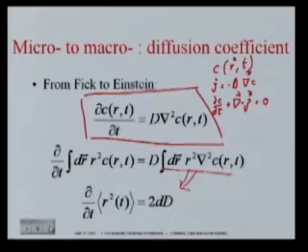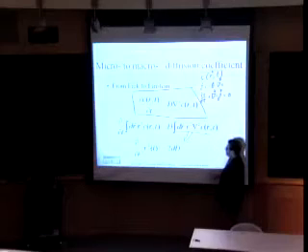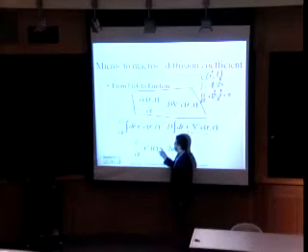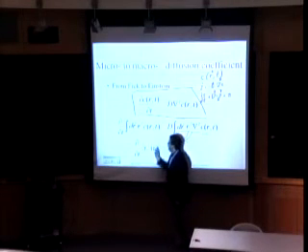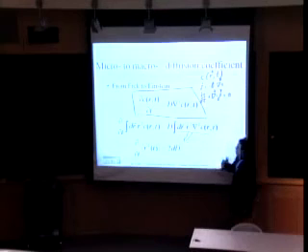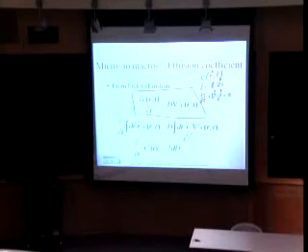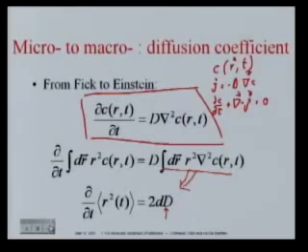So this integral means the average value over all space of r square, how much your particles have moved, and we have the derivative in time. And so you see, we start seeing a connection between a diffusion coefficient, the macroscopic property, and the microscopic property, the dynamics, that is how much the particles are moving once you put them somewhere.